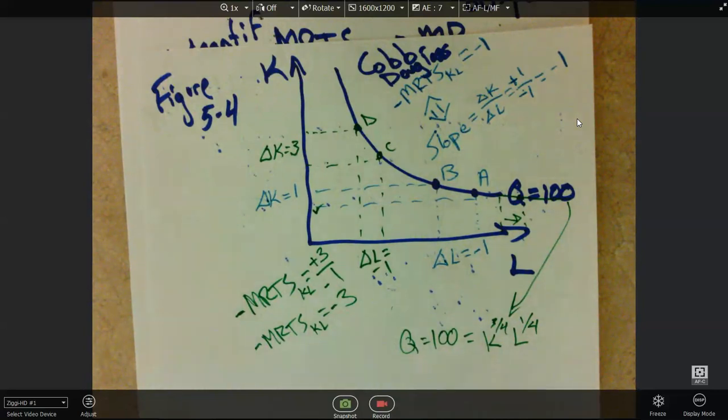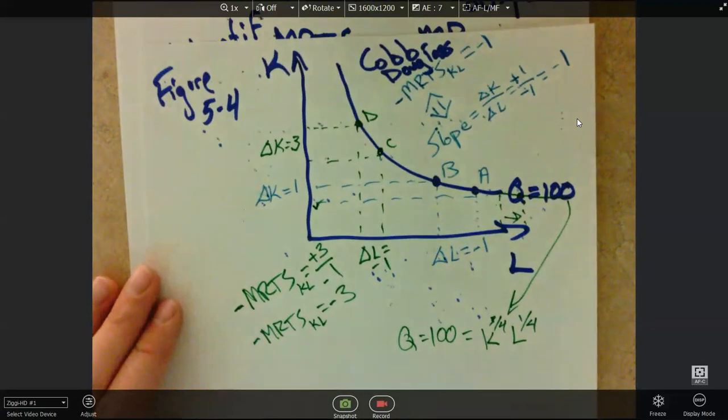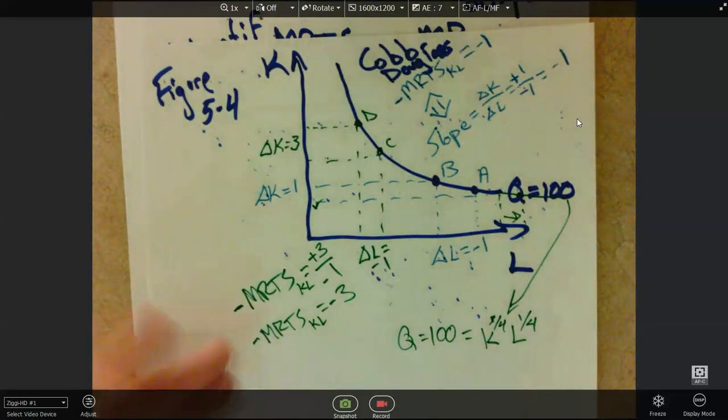So now we're going to talk about iso-cost, right? So we talked about isoquants, right? Isoquant means same quantity.